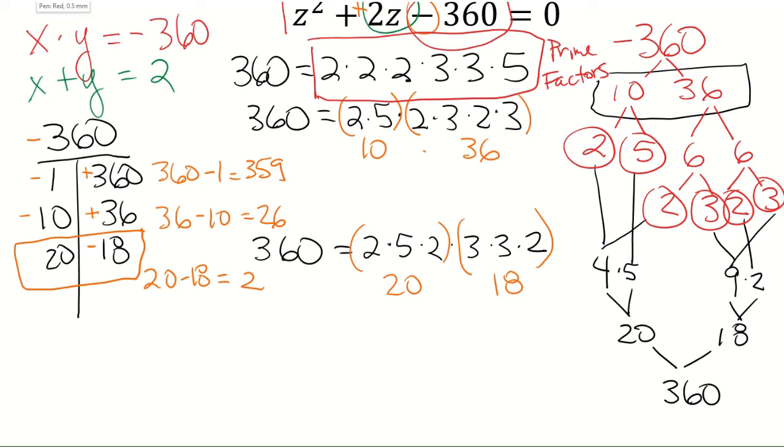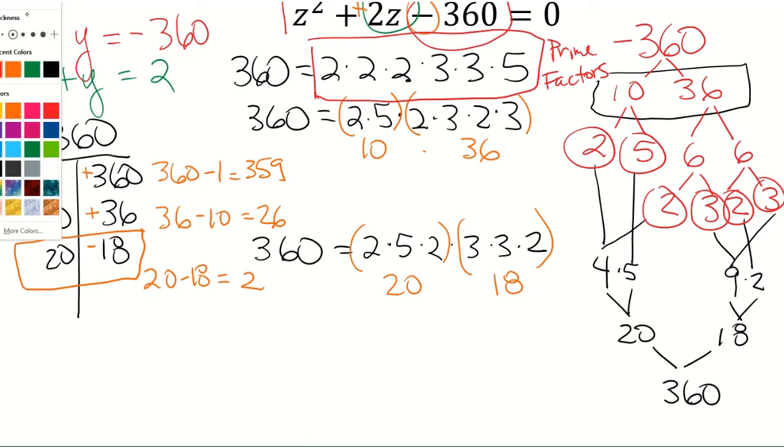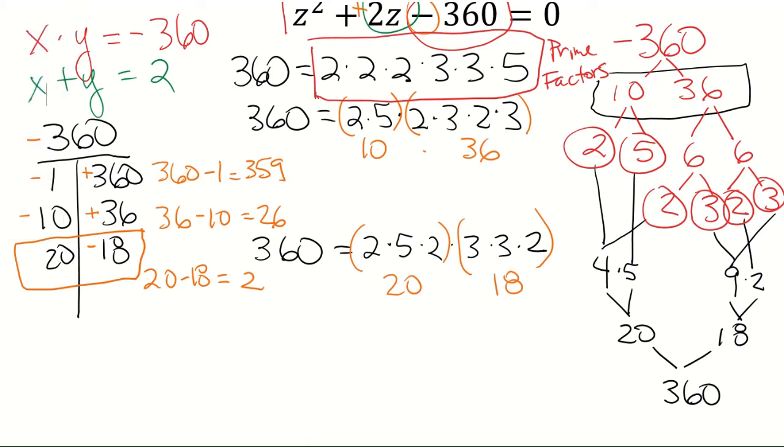So I see that out of my problems, my 20 and 18 meet my criteria: when I multiply them together, they equal 360, and when I add them together, they give me my 2. So now I can go back to my original problem.